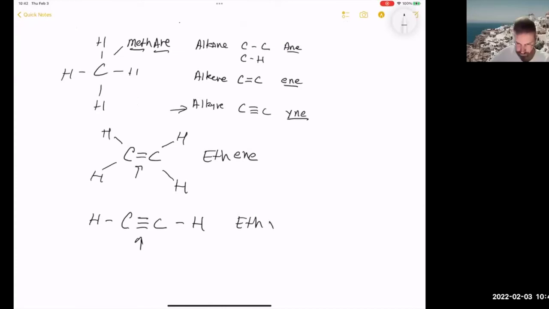So it would end in Y-N-E, or ethyne. And you might know ethyne because the vernacular term for ethyne is something called acetylene. Acetylene, right? Like oxyacetylene welding. This is acetylene that's used for welding. All right. So those are hydrocarbons.